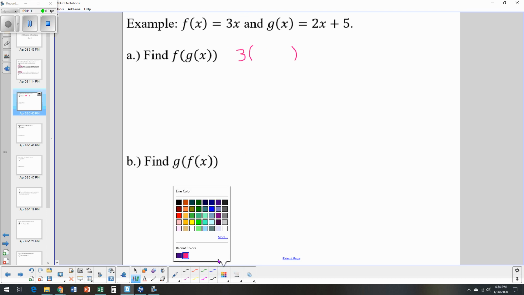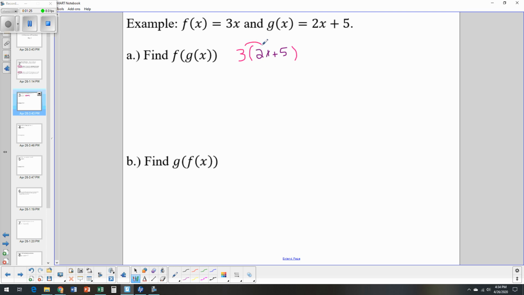And now I'm going to substitute in g's equation, 2x plus 5. So now I'm just going to distribute, and I get 6x plus 15. So f of g of x is 6x plus 15.